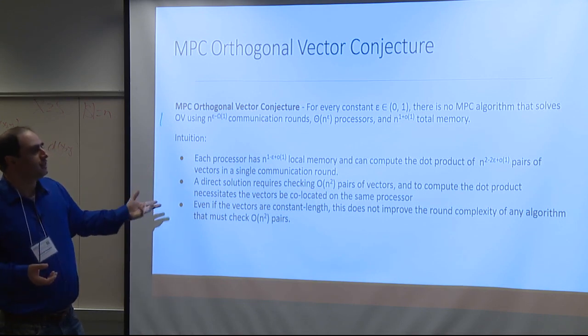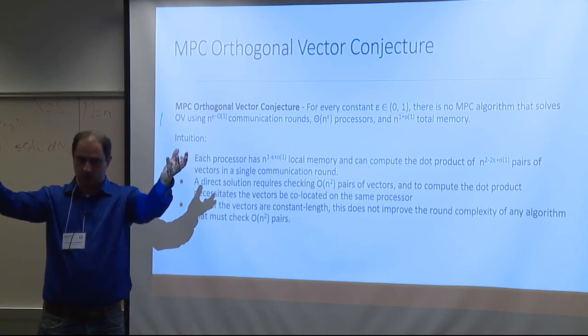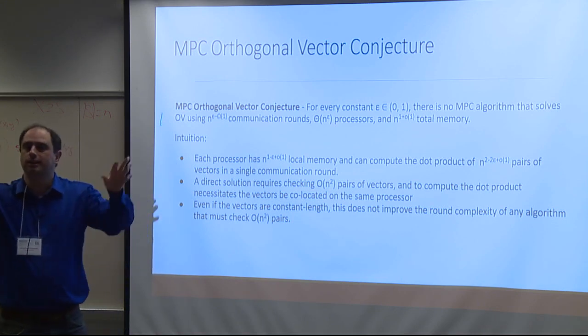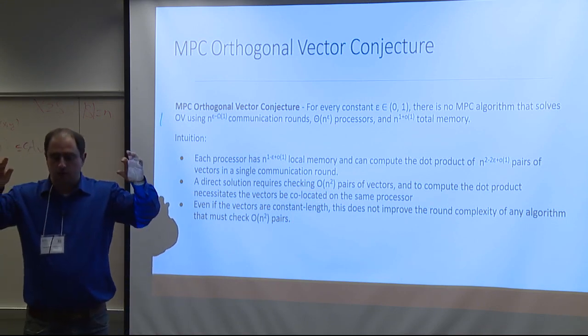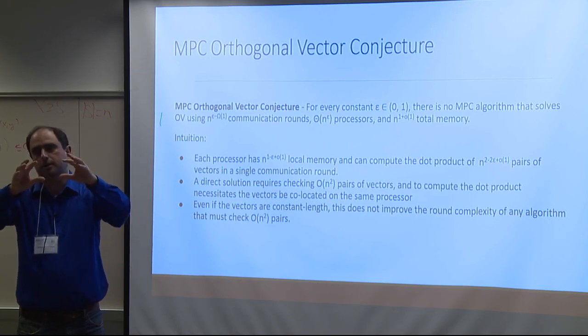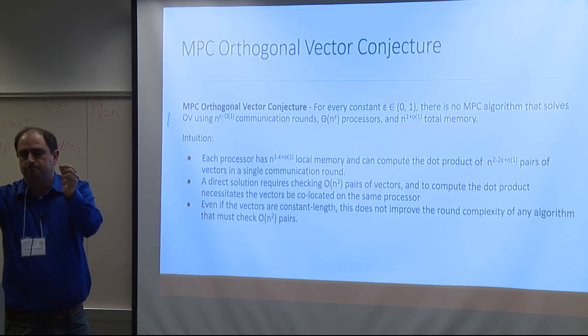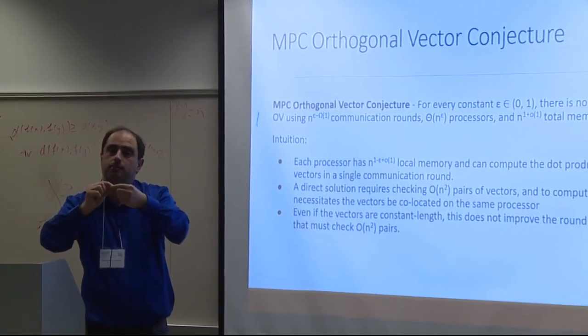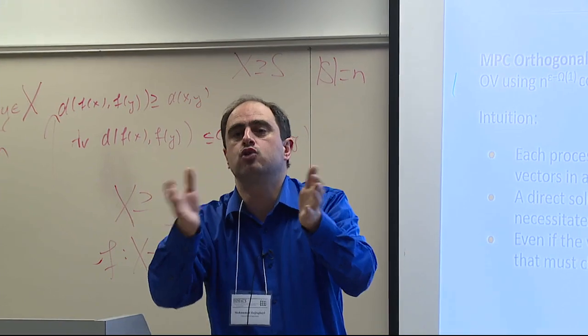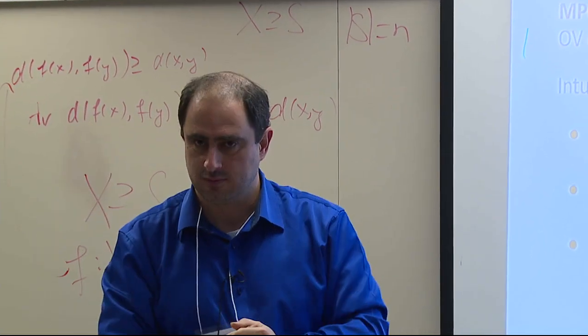The idea is this one. Consider n vectors, where the size of them is log n, or essentially O tilde of 1. To see whether two of them have a product equal to 0, you can consider n choose 2, which is n to the 2.